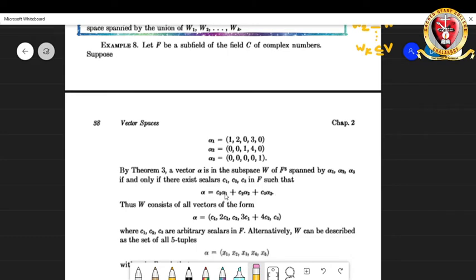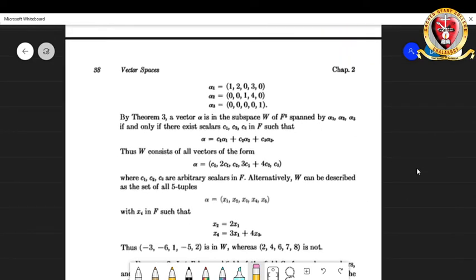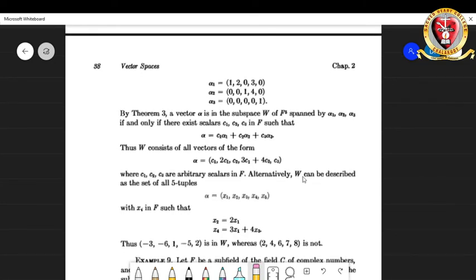Substitute for alpha 1, alpha 2 and alpha 3, and simplify. Adding out, you get the 5-tuple (c1, 2c1, c2, 3c1 plus 4c2, c3), where c1, c2, c3 are arbitrary scalars we have taken already.